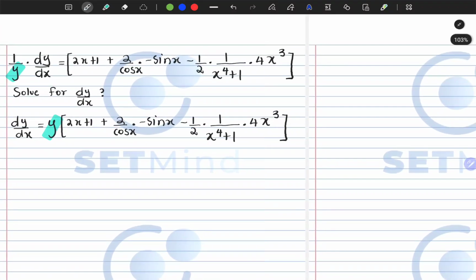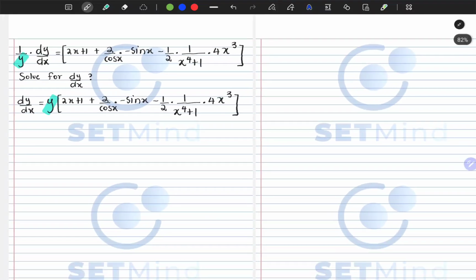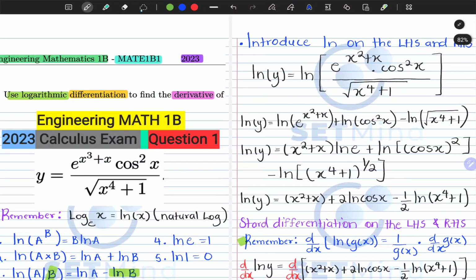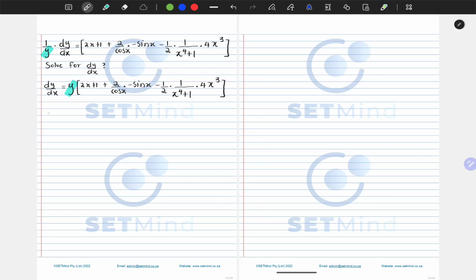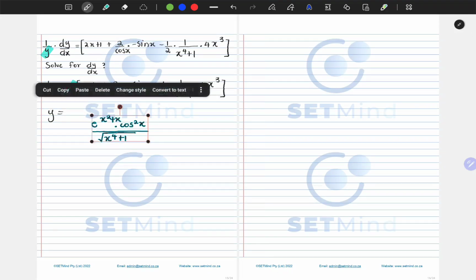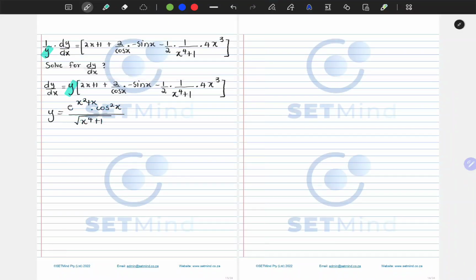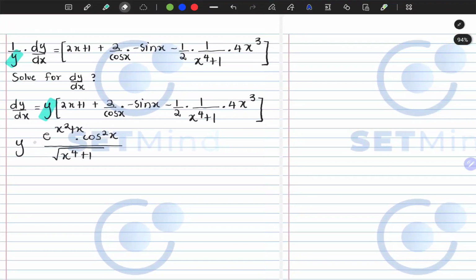But we know what y is. Let's go and fetch it. So we already know that y is given by all of this here. So this means I can go and substitute the y, and then that becomes our final answer.